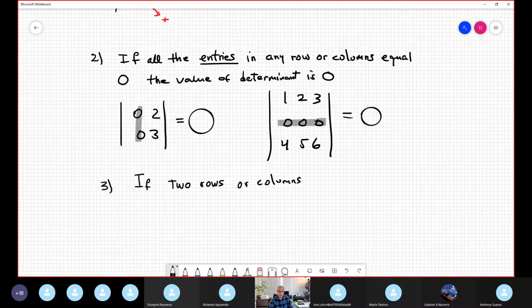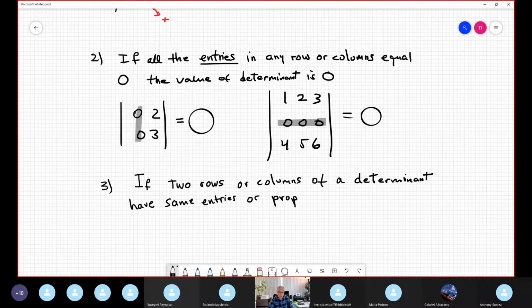No problem. If 2 rows or columns of a determinant have the same entries, or are proportional, the value is 0.